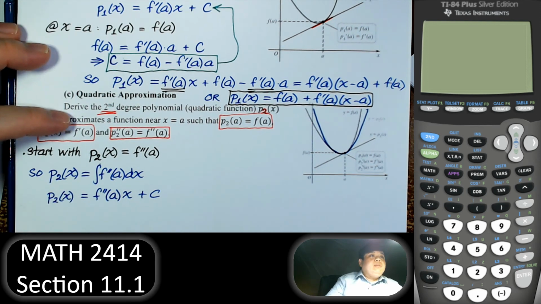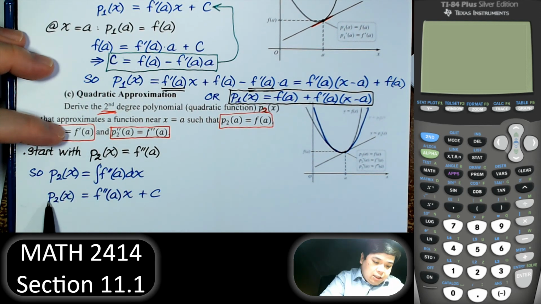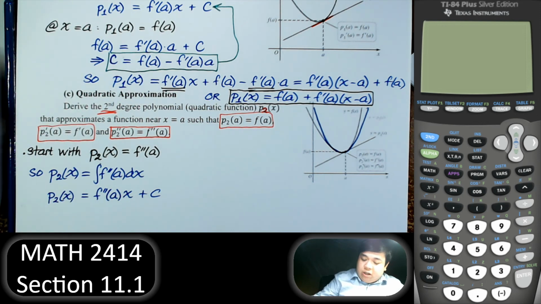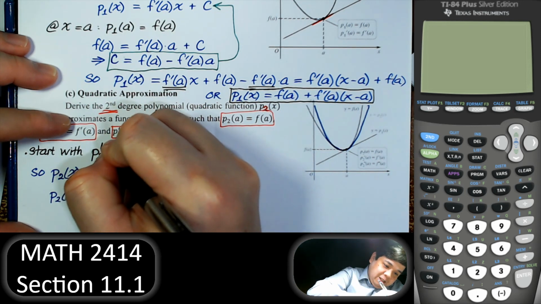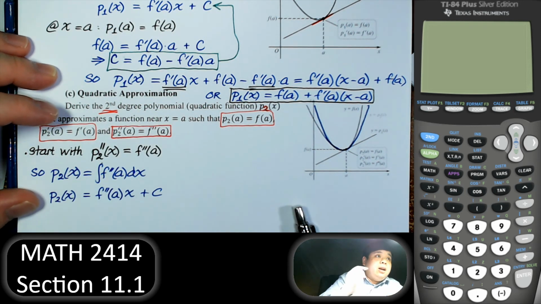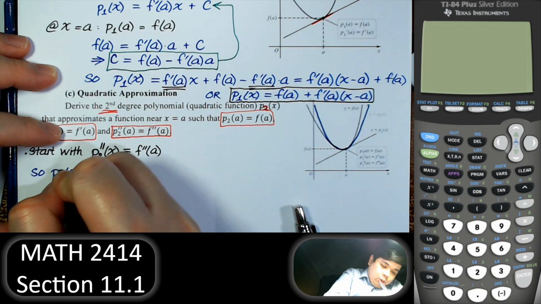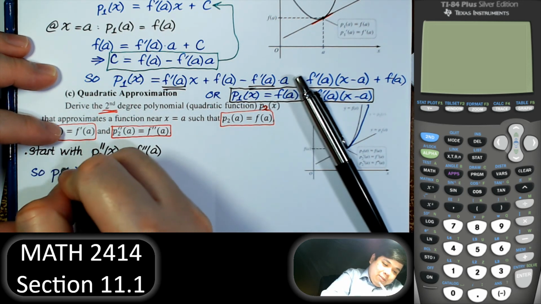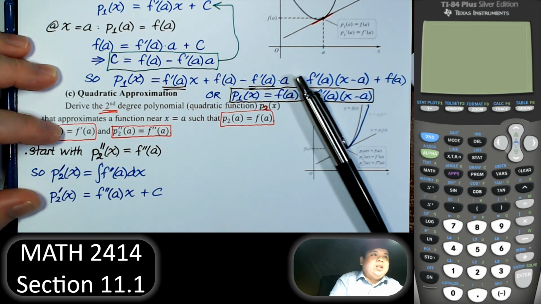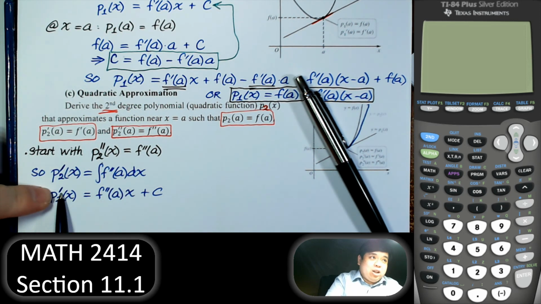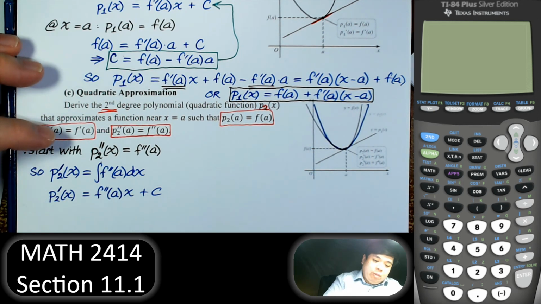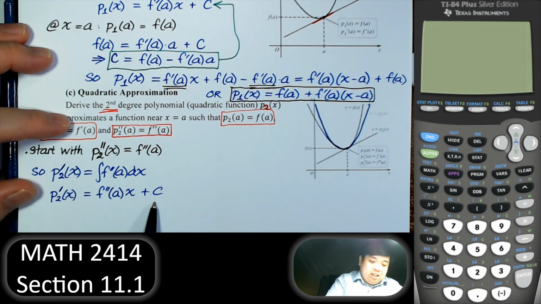Now this way we start with the second derivative, sorry, and when we undo it, we get back to the first derivative. Second derivative, integral gives us back the first derivative, and integral again will give us back the function. Right, but first we have to solve for this c.